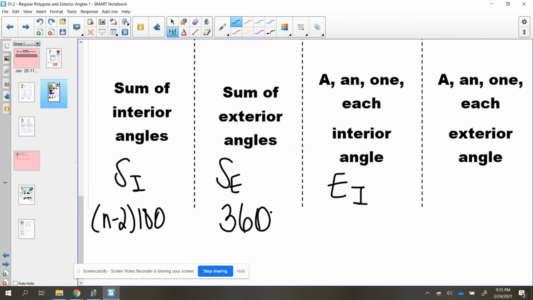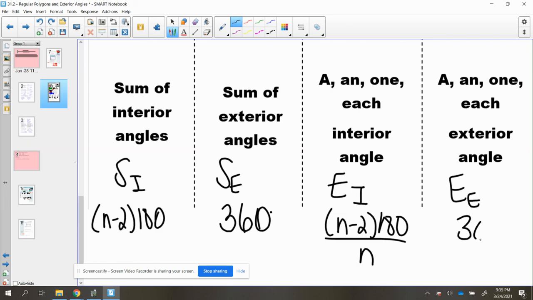Or one singular interior angle. You would take that sum formula and divide it by the number of sides. Or if we want each exterior angle, it would be the 360 degrees divided by the number of sides. Okay? So these are our 4 big formulas that we will work with more in class.